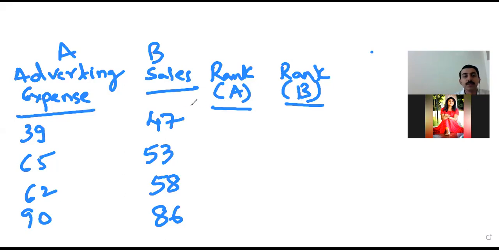Rank A and rank B, correct? We are supposed to rank this first column first. What is the highest advertising expense? Can anyone tell? The highest advertising expense in the first column is 90.